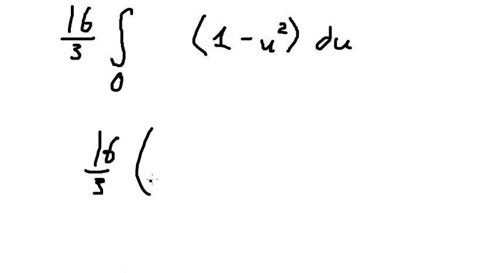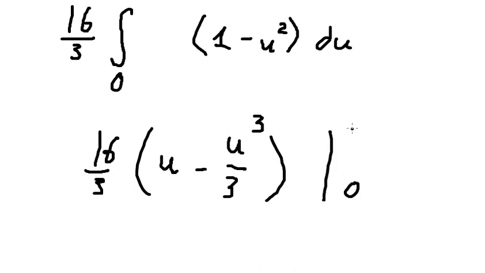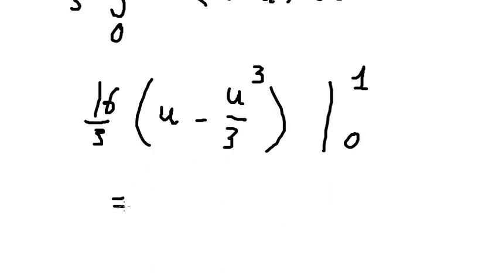The integration of number 1 is u. This one we have u to the power of 3 over 3. And we put the bounds from 0 to number 1. So number 1, I will put this one on here. Number 0, I will put this one on here. So we have the final answer.